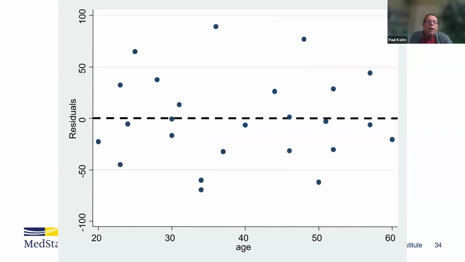And so if we would plot our residuals against one or more of our independent variables, then it should look something like this, that they would be randomly distributed around a 0 mean.